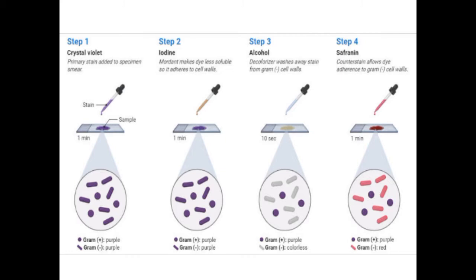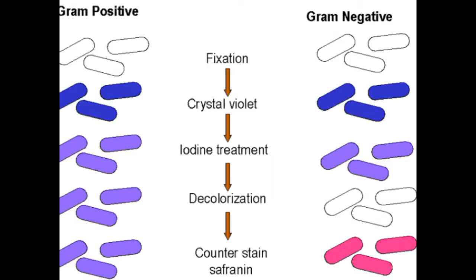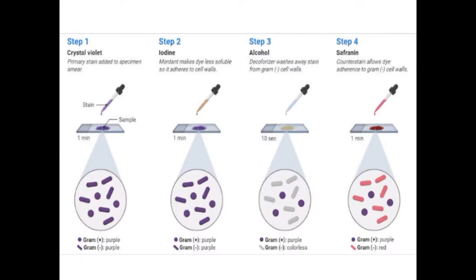Now let's study the procedure. The first step is to make the smear. After making the smear, you have to fix it. You can do heat fixation or alcohol fixation. After making the smear and fixing, cover the slide smear with crystal violet dye for 30 to 60 seconds.